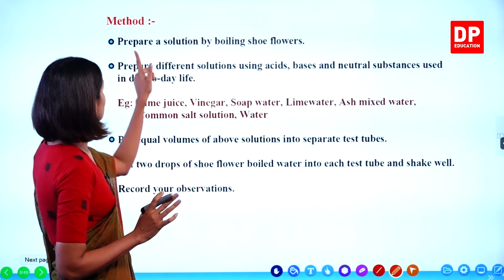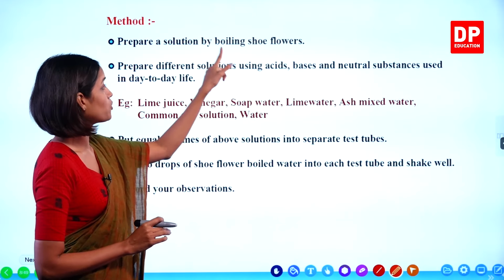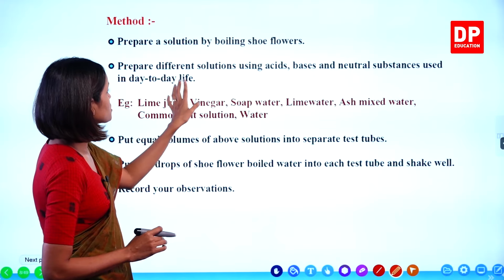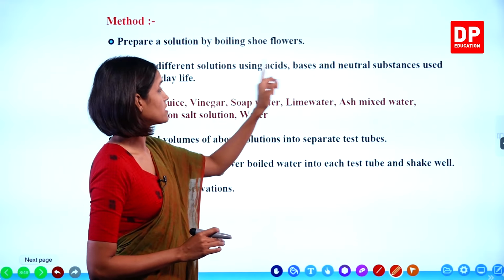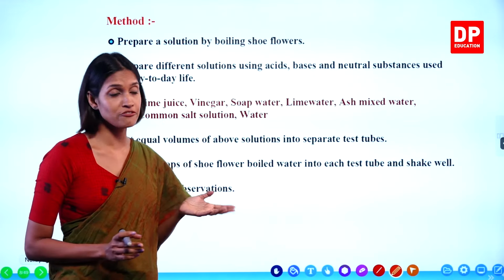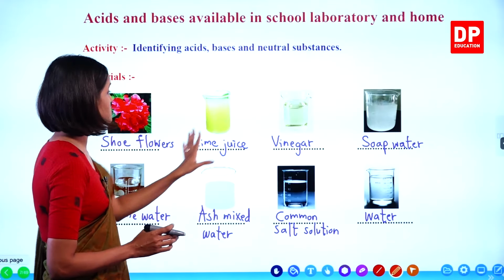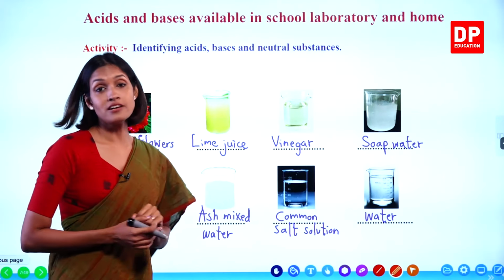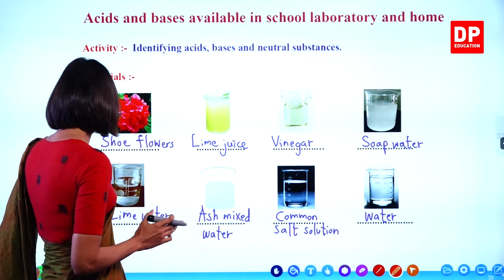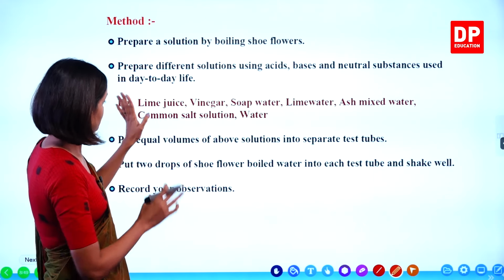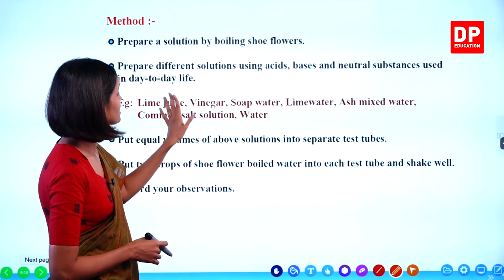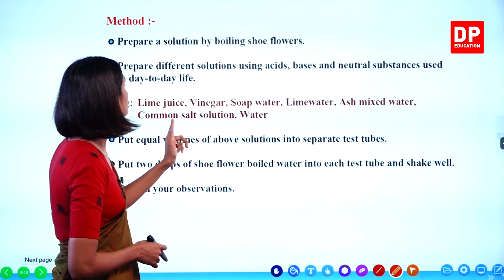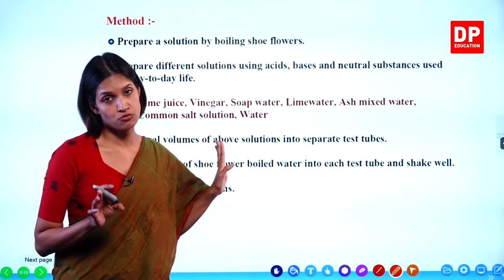So we have to prepare a solution by boiling shoe flowers, and then prepare different solutions using acids, bases and neutral substances used in day-to-day life. All these substances we use in our day-to-day life. The examples I mentioned earlier: lime juice, vinegar, soap water, lime water, ash mixed water, common salt solution and water.